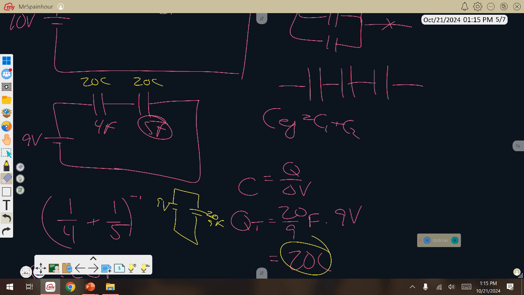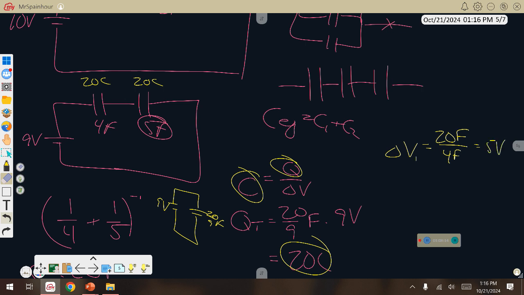And if you know charge and you know capacitance, can you figure out what voltage is? Yes. The voltage of this guy right here should be charge 20 divided by the capacitance 4 farad. So how many volts should be on there? 5.